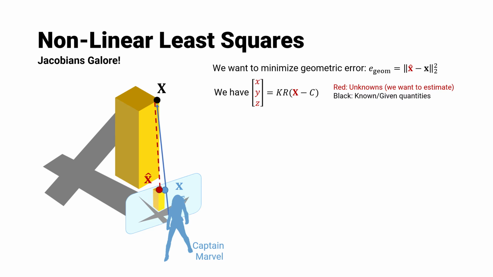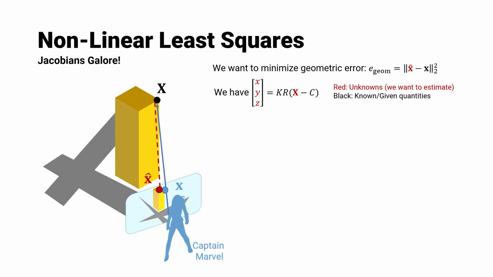And in an ideal world, this x hat, the projection or the reprojection, is going to line up exactly with the point x. But because we have noise and our estimations are not perfect, x hat will be close to x if it's a good estimate, x hat will be really far away if it's a bad estimate. Our goal is to minimize this distance between x hat and x in the simple Euclidean norm distance.